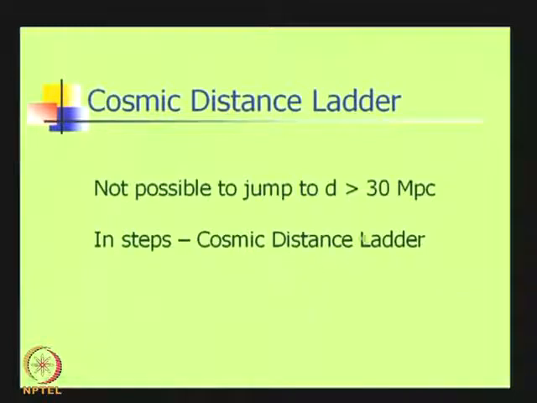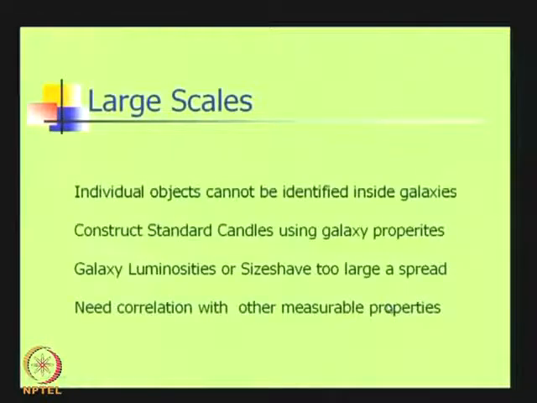So, we have to now determine distances beyond 30 megaparsec. That is the basic problem, and it is not possible to directly jump to 30 megaparsecs because you can't see Cepheids there. So, you do not know how to do it. Okay. So, you have to again extend your ladder, put various steps in between which overlap. So, let us go through this. So, we will now start the discussion from the larger scales, other way around, and work back to the place where you can use Cepheid variables.